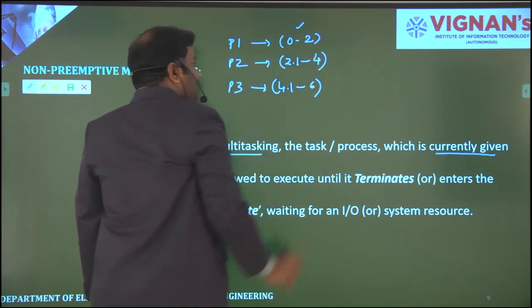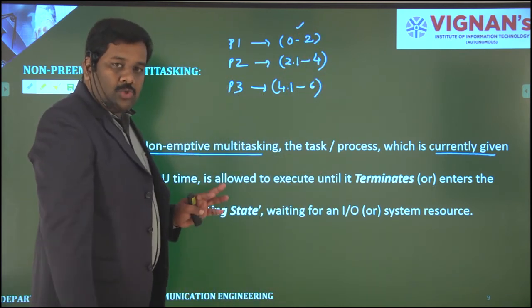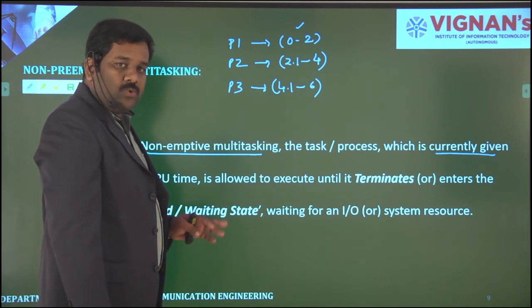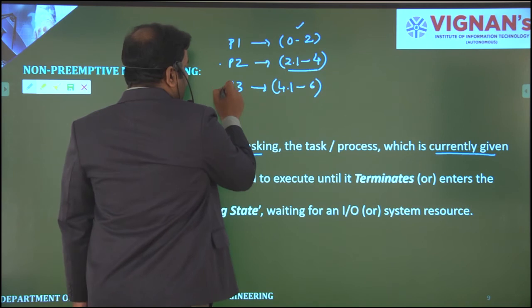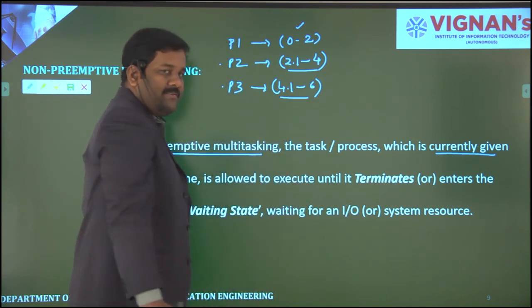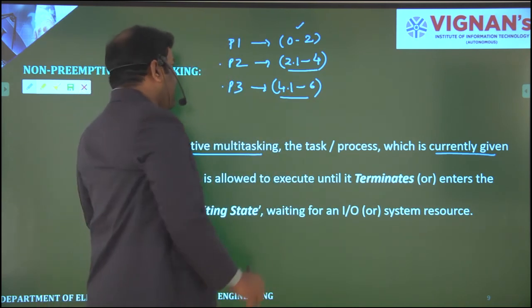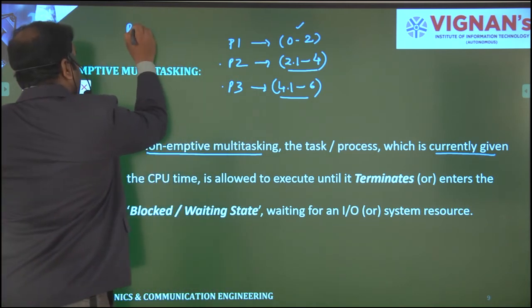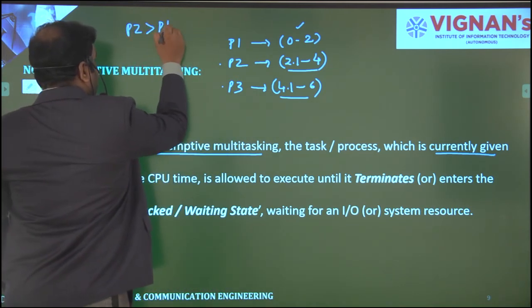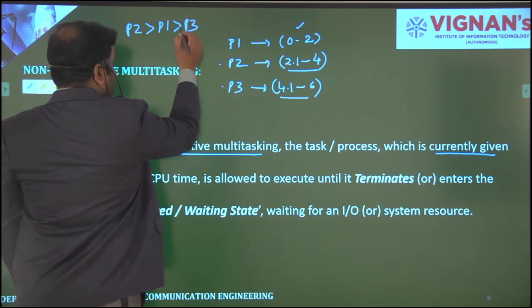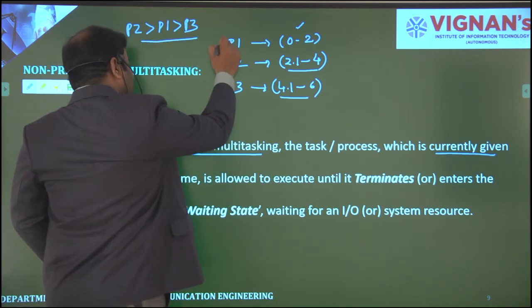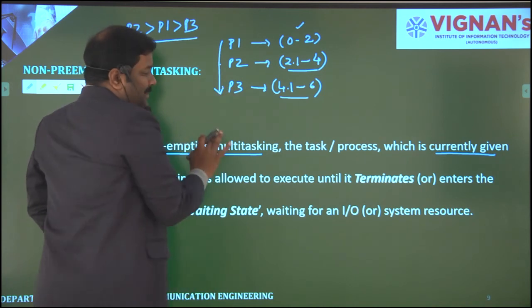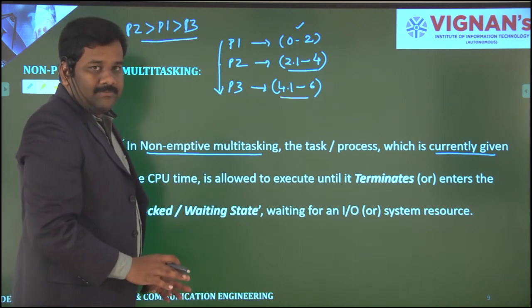P1 has to be executed between 0 and 2 seconds only. It has to finish its entire operation. At the same time, P2 will be in 2 to 4 and P3 will be in 4 to 6. Let us say P2 has higher priority than P1, and P1 has higher priority than P3. Even so, priority-wise this may not match the execution order. It won't bother about the priorities.